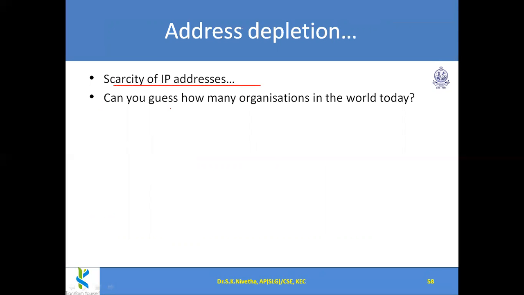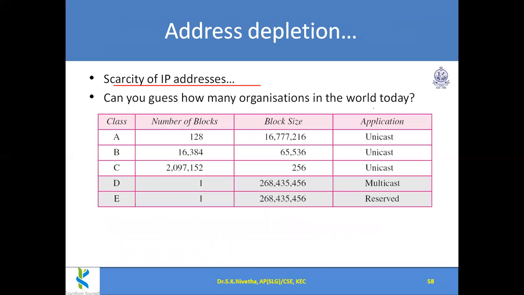Could you guess how many organizations there are in the world today? So many, right? If I add all the blocks in each of these classes, it may come around 2 million. But do you think only 2 million organizations are there worldwide? No, it will be really higher than that.